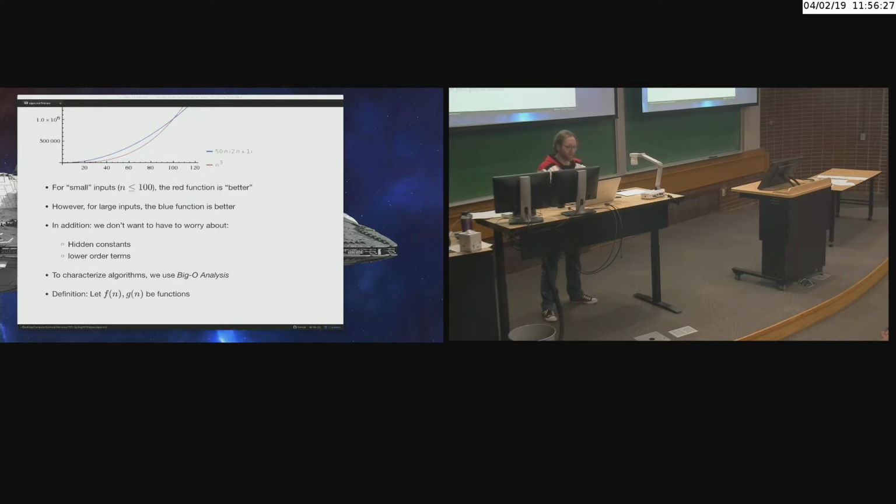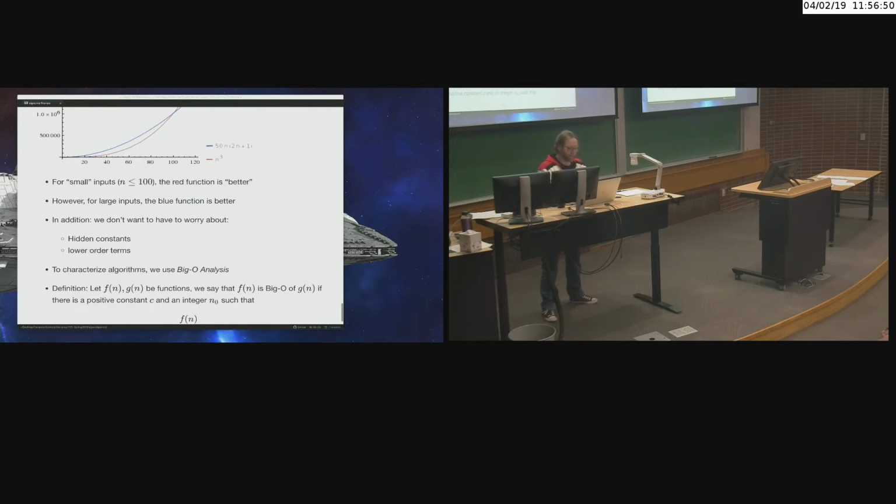We say that f of n is big O of g of n, if there is a positive constant c and an integer n naught such that f of n is less than or equal to c times g of n.